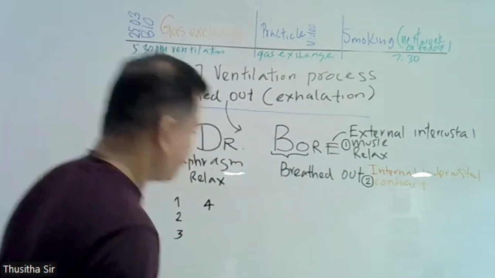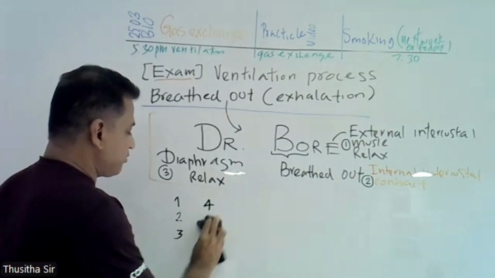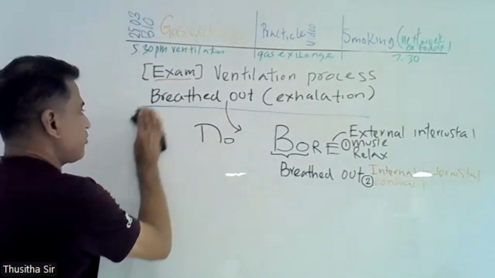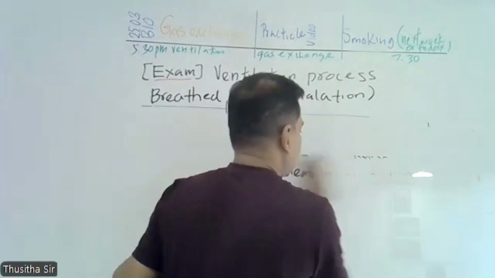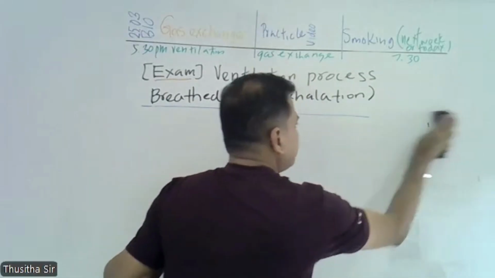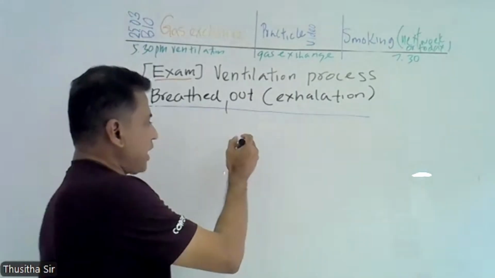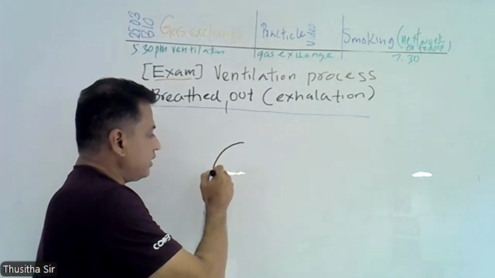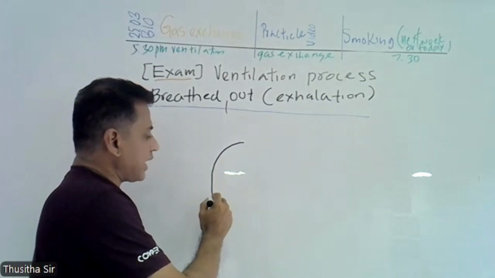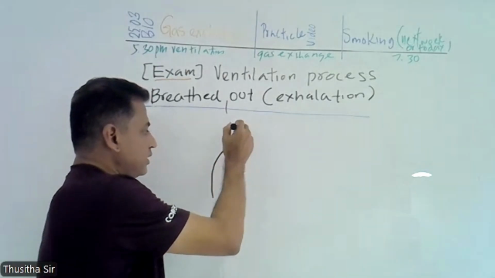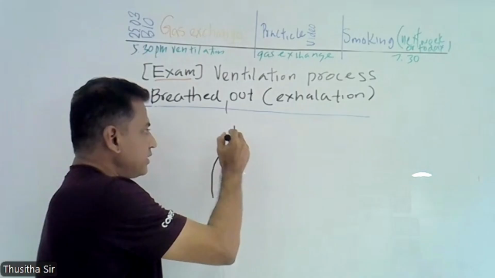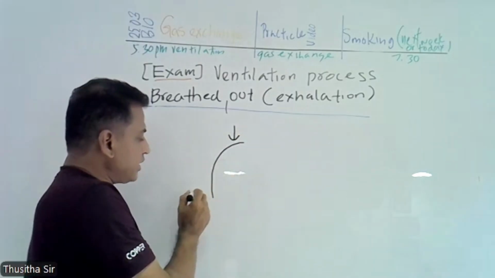Okay, now before we go into the fifth point, we will see the shape of the rib cage. So here's a rib cage. I just show it from the side. So it's moving downward and it's moving inward.